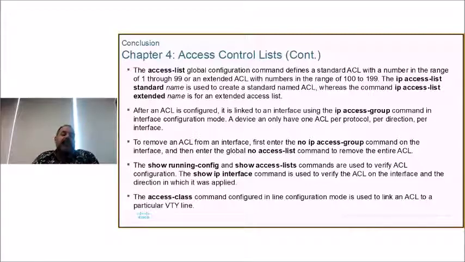The access list command, of course, is how we define the access list. Of course, numbered ones, you need to specify the number of the list. With named ones, of course, you specify the name and then you go into a sub-config mode. You apply IPv4 access list with IP access group.